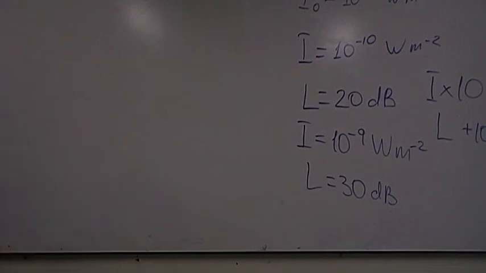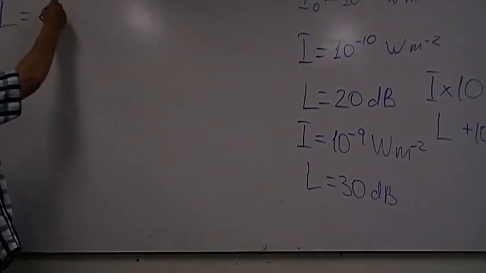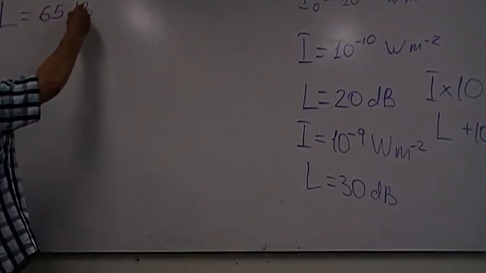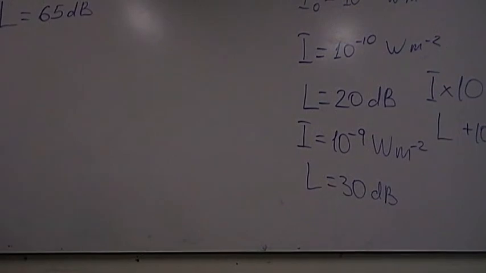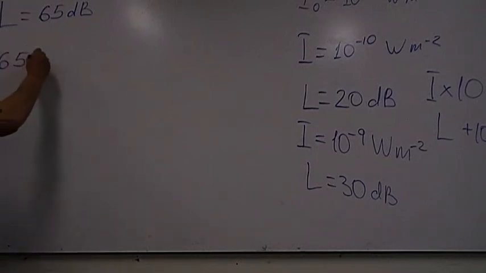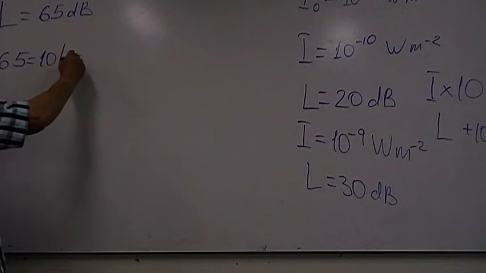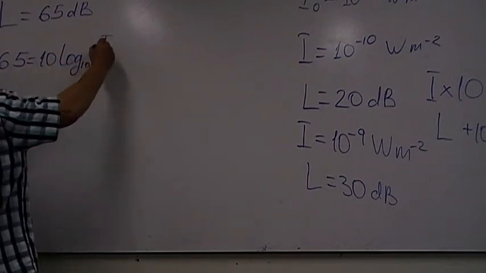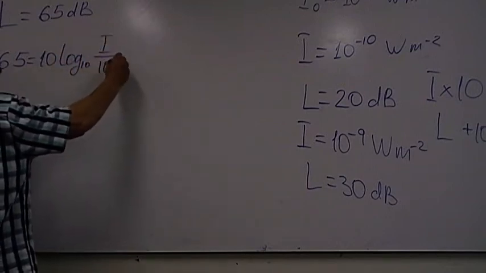One more example. It's the same thing, but instead of sound intensity level, if you have 65 decibels, what will be the intensity of the sound? 65 equals 10 log 10 of I over 10 to the negative 12.